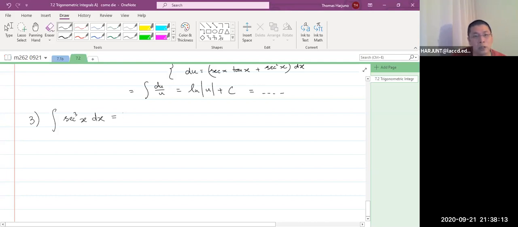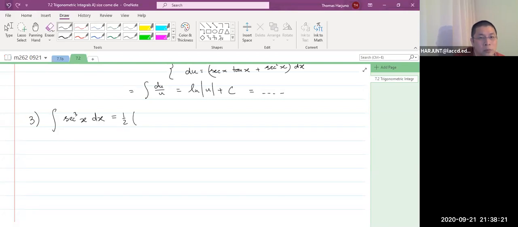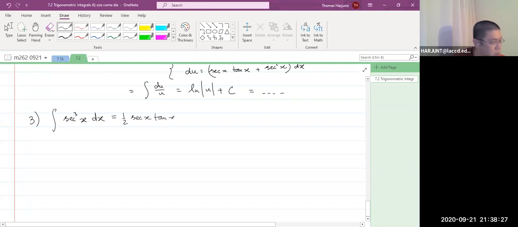This is 1/2 secant x tangent x plus 1/2 natural log of absolute value of secant x plus tangent x plus constant.